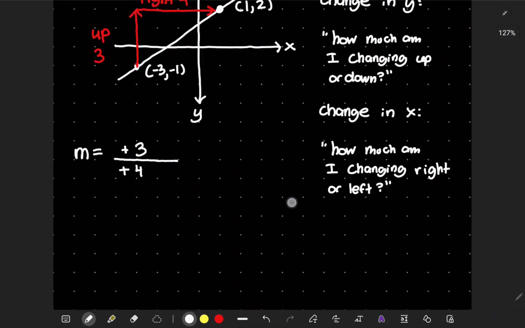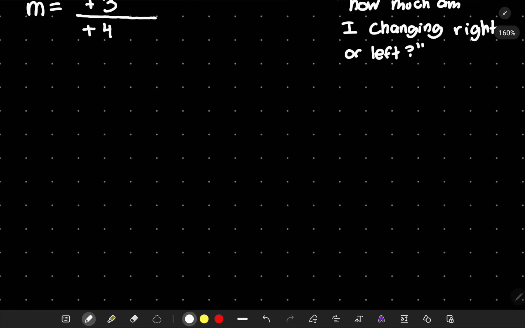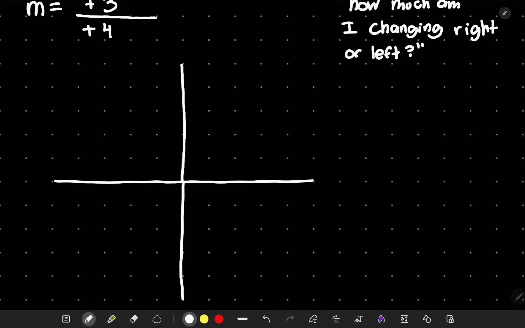Let me show you another example, one that does a similar thing, but might have a negative slope. So I just drew a grid that has 5 up, 5 down, 5 left, 5 right, labeled as x and y.